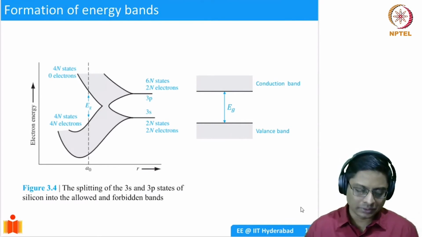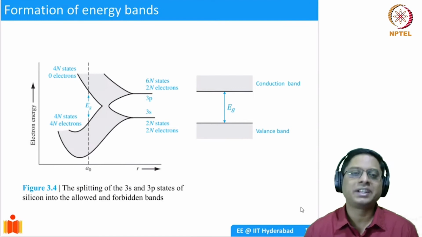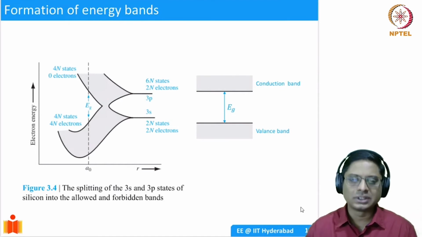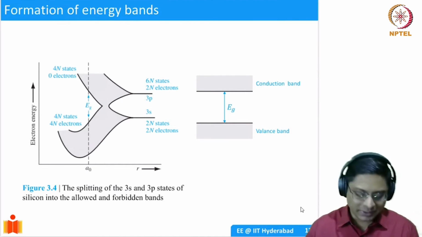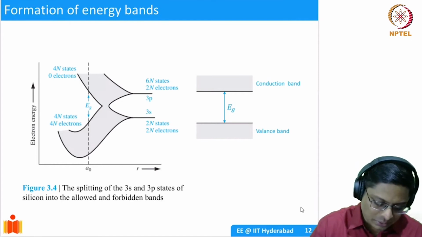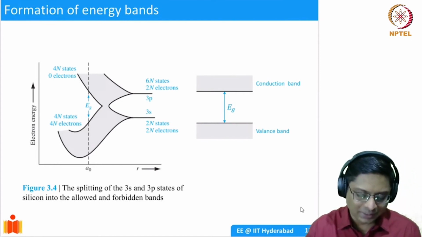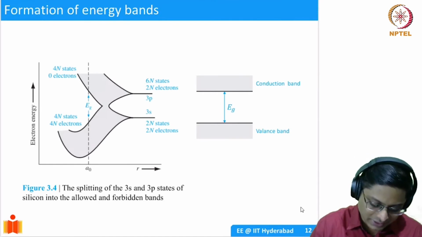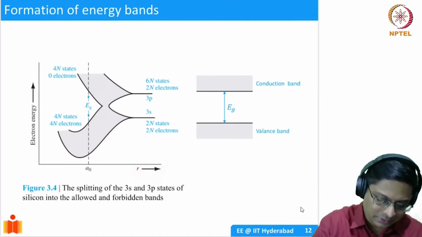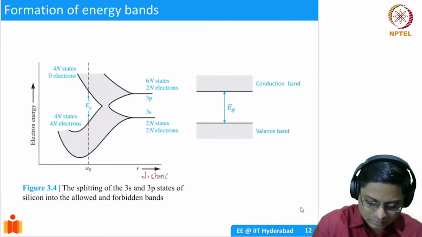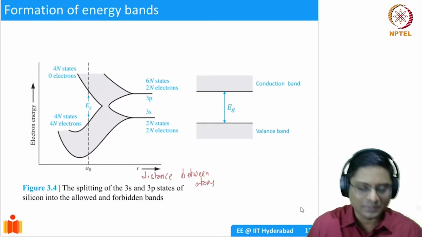So this is a very, very important picture, and if you understand this, you understand how the bands are forming. This is basically a graph showing you the distance between atoms.